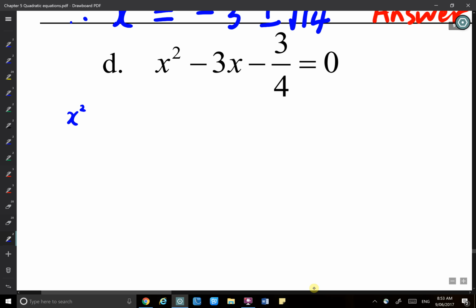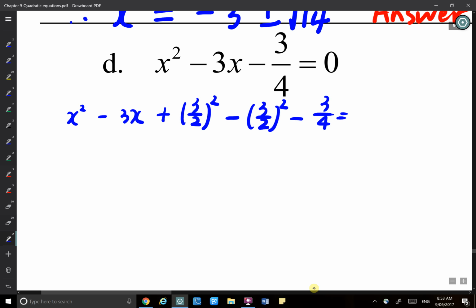So x squared minus 3x plus 3 over 2 squared minus 3 over 2 squared minus 3 over 4 equals 0.